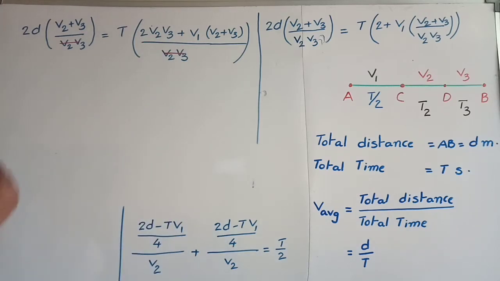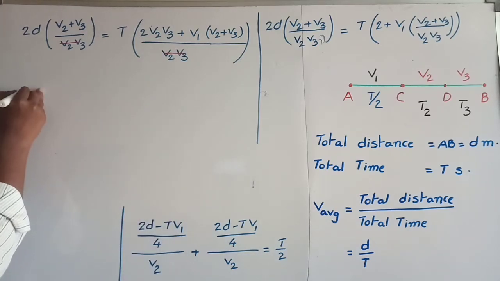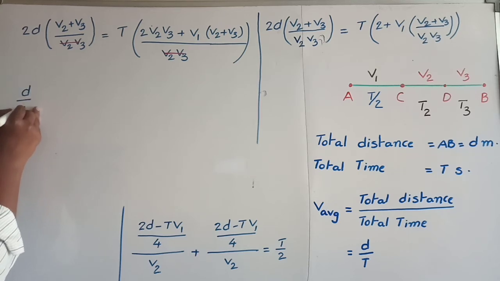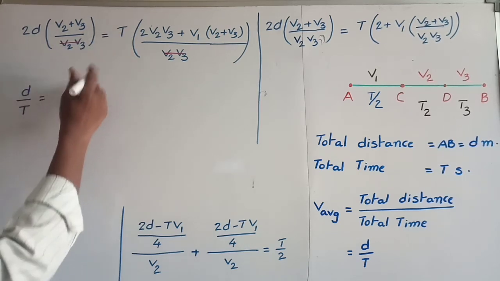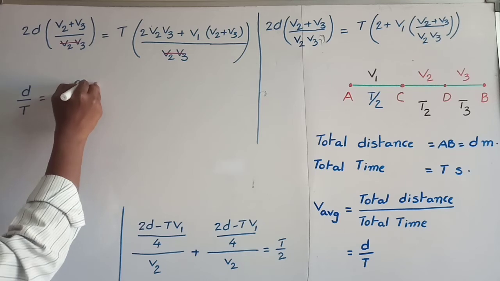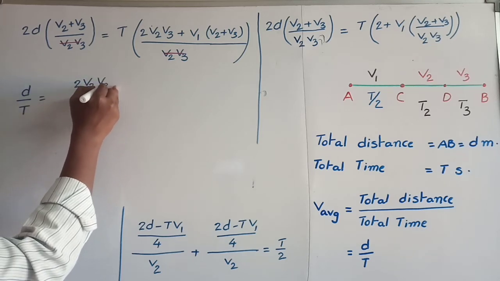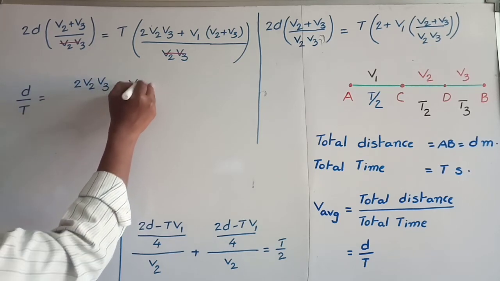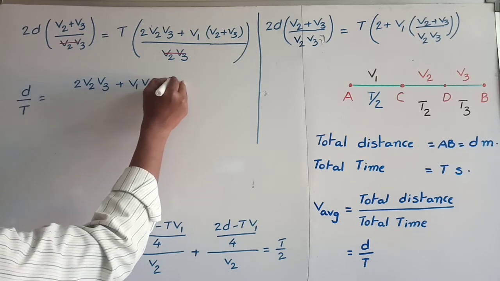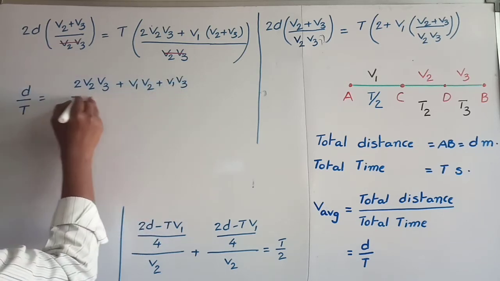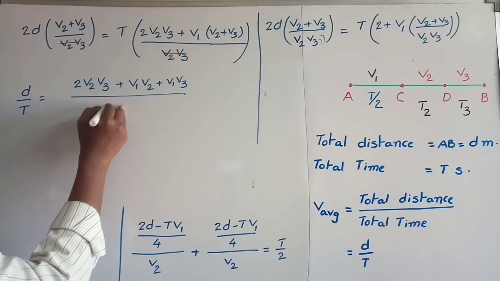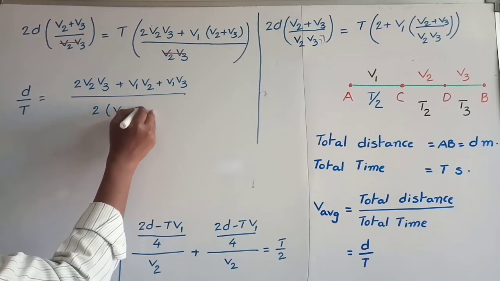From that, average speed D by T is equal to (2 V2 V3 plus V1 V2 plus V1 V3) divided by 2 into (V2 plus V3).